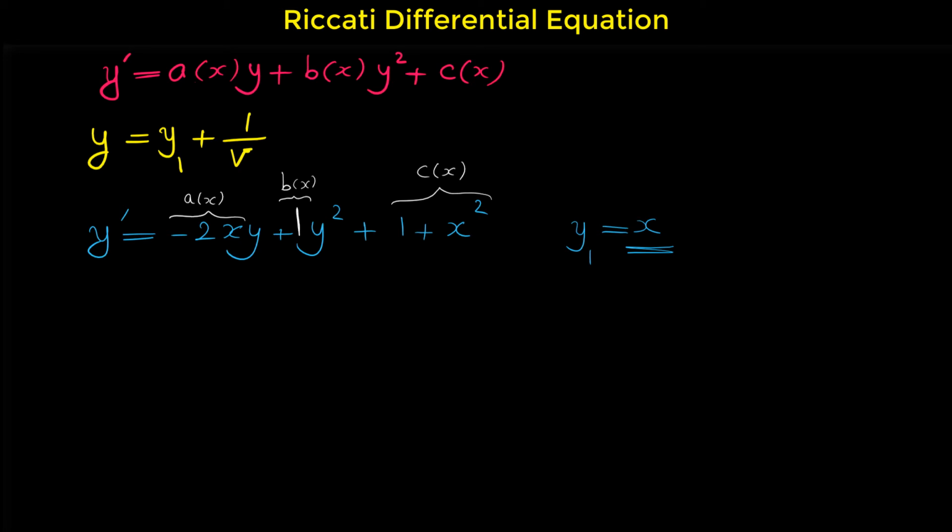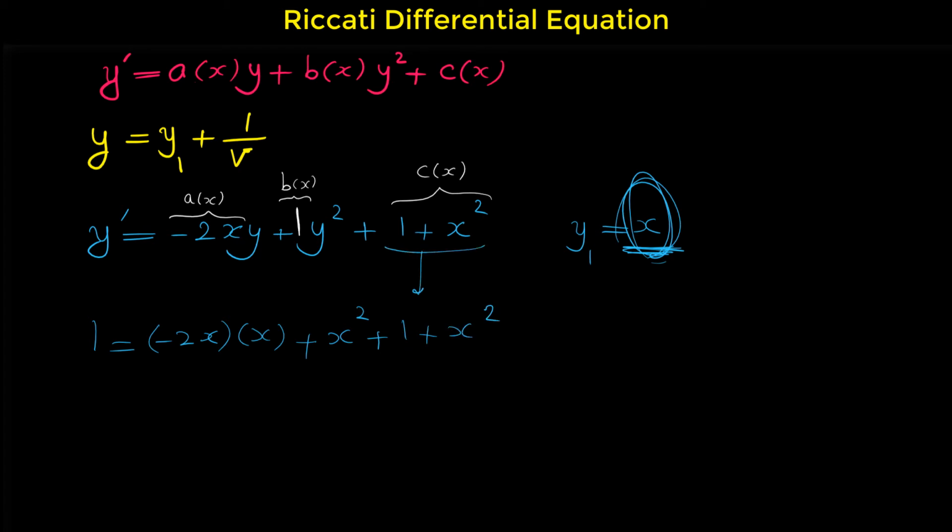Before we start to solve this differential equation, let me show you why x is a solution of this Riccati equation. The derivative of y = x is 1. It should be equal to -2x times y, where y is x, plus y squared, which is x squared, plus 1 plus x².